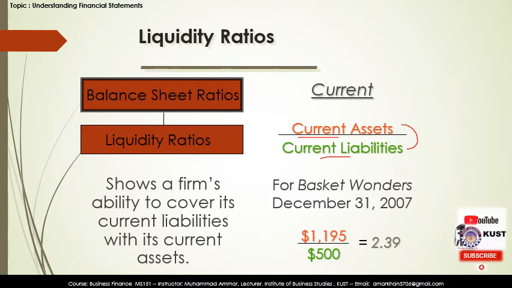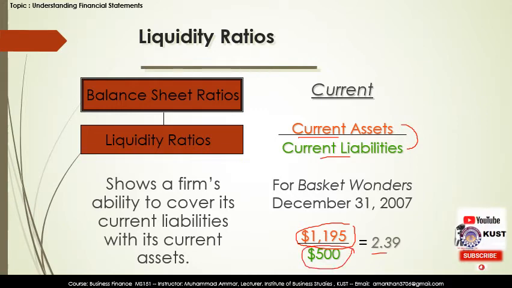So for Basket Wonder, December 31st, 2007, the current assets, as given in the example, are $1195 and current liabilities are $500.